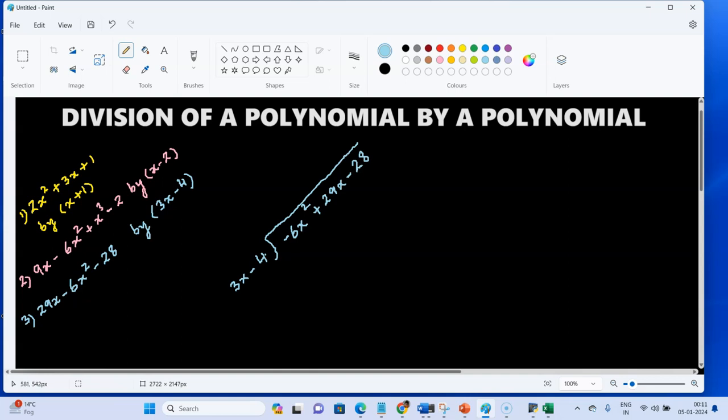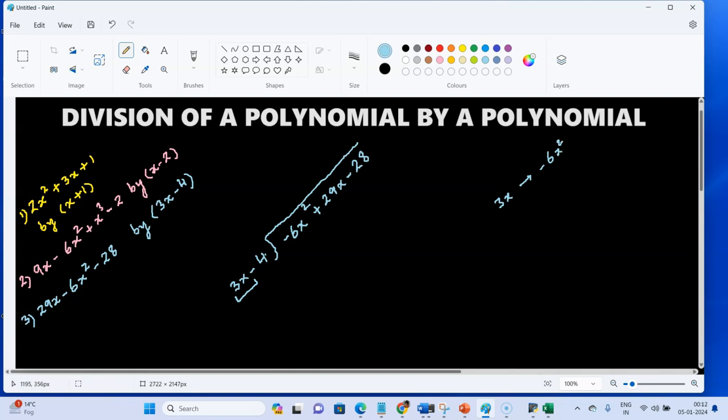So we must get our minus 6x square out of this particular term. What number do we have to multiply with this 3x so that it could become minus 6x square, right? So in order to transform 3x to minus 6x square, what number is required?